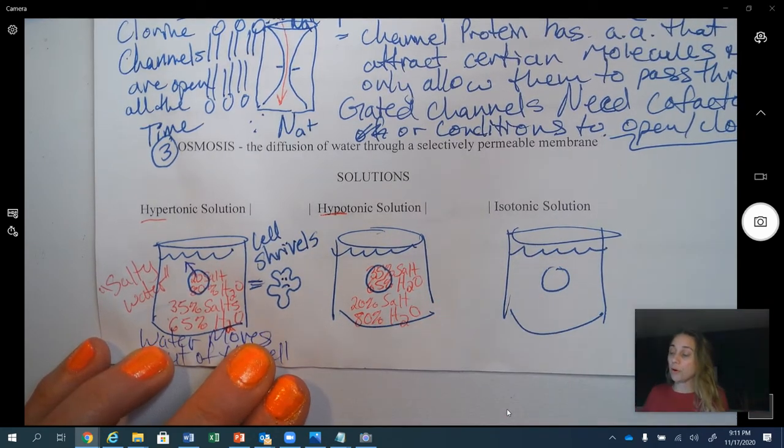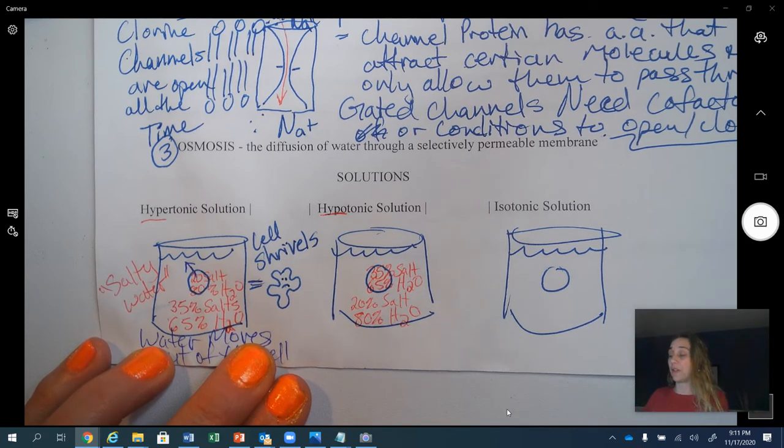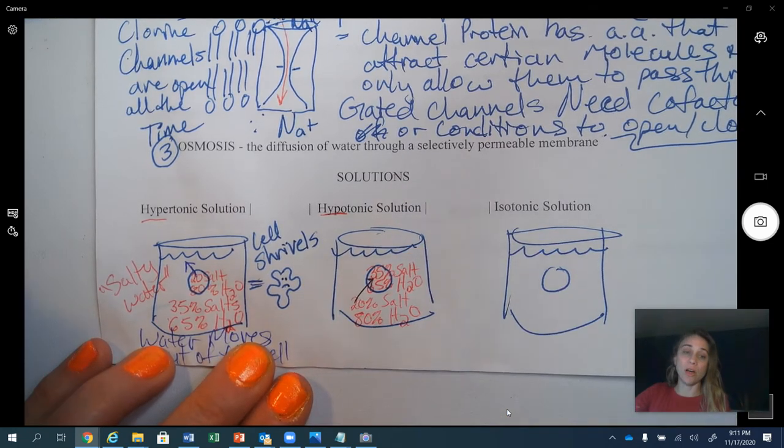So where's the water going to move? It's going to move from where there's more water to where there's less. So water is going to fill that cell. But as you can see, there's a lot more water than cell, and even if it was a microscopic cell, it would be even more so. That cell does not have the capacity to take on all of that water.